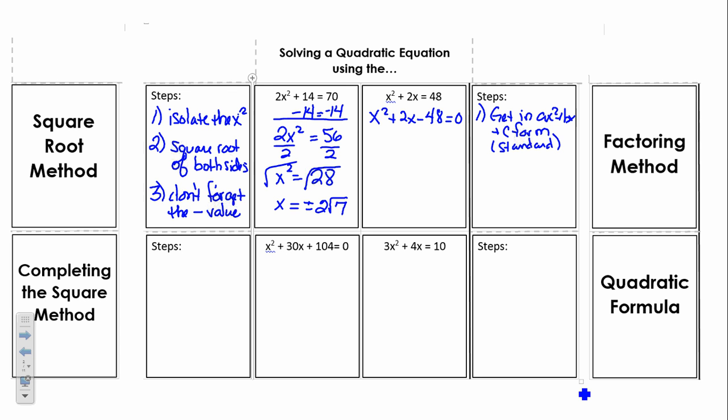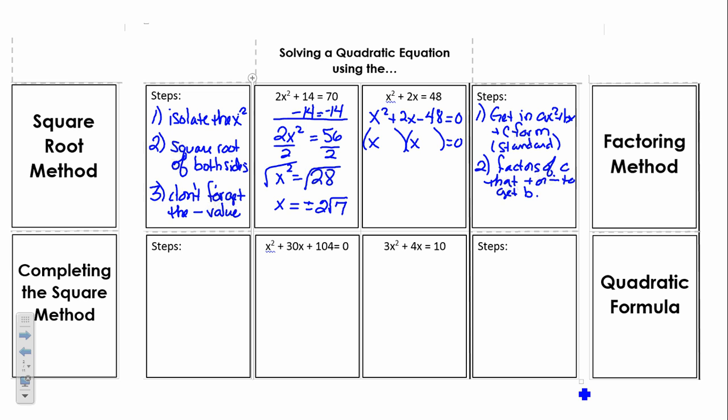Okay. Then what do we do? Factors of 48 that do what? That add or subtract to get the 2. So we want factors of c that add or subtract to get b.